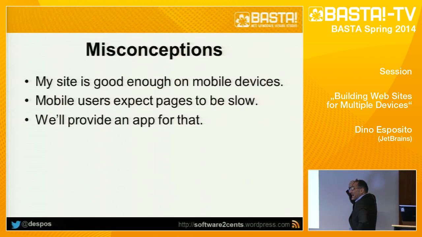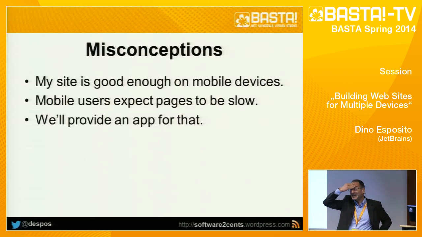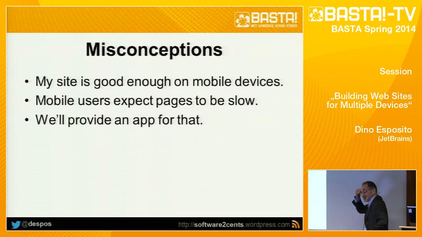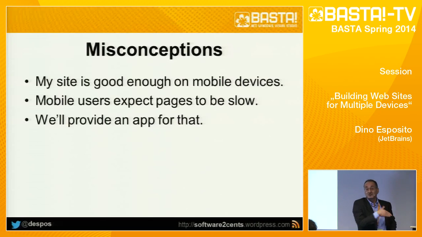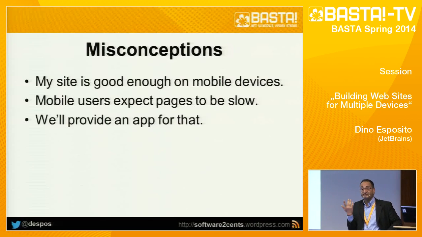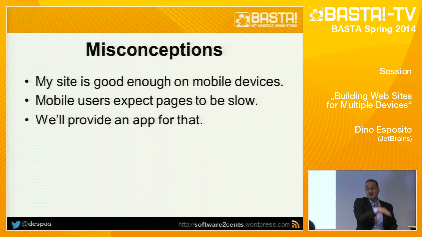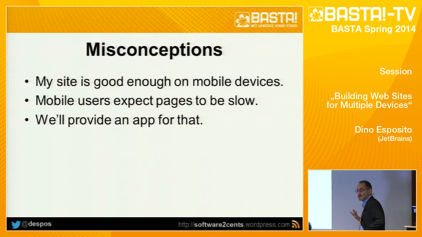Yes, an app for that, but there's a difference between having a native application and a usable mobile site. An app is a different thing. You can have both, sure. Or you can only have an app. It depends on the business, depends on the scenario.